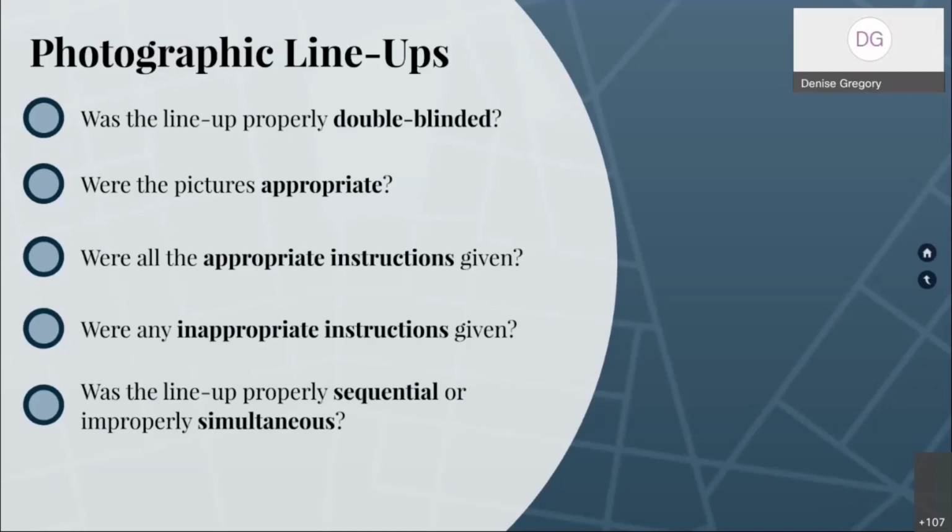We can get into this if you'd like in the Q&A, there are ways for a single investigator who isn't blinded to blind themselves, which is not nearly as brutal as it sounds like. There's a folder method that can be used. So for example, a very small agency that can't just pick another investigator who has no involvement with the case, the investigator can use a system of folders that are randomized as a way to double blind.